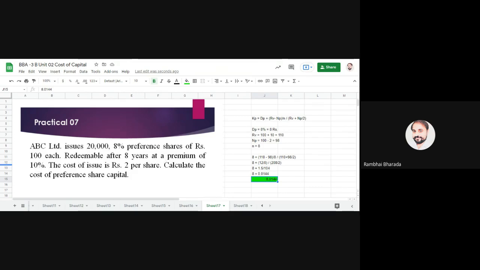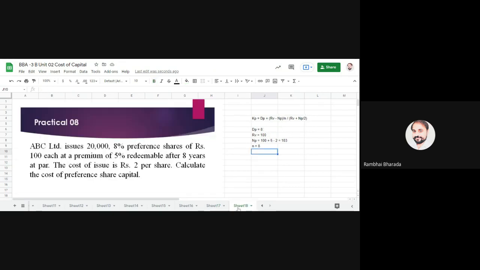RV means redeemable value. But if this type of line is there, that ABC issues 20,000 8% preference shares, each of 100 at a premium of 5%, it means this 5% will be added in NP.